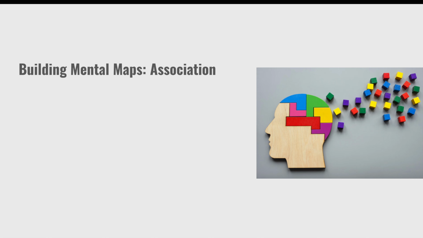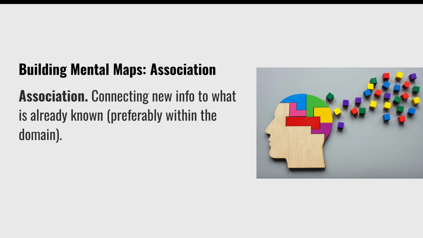Okay, let's finally move into the actual point of the video, which is application. I am a fan of association. Association is basically when you connect things that you are learning right now to things that you already know.